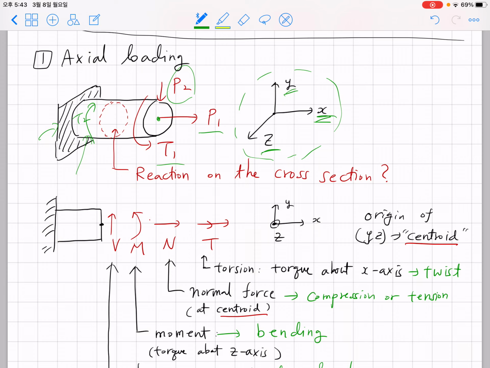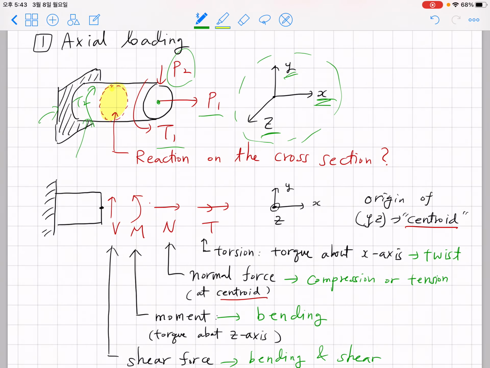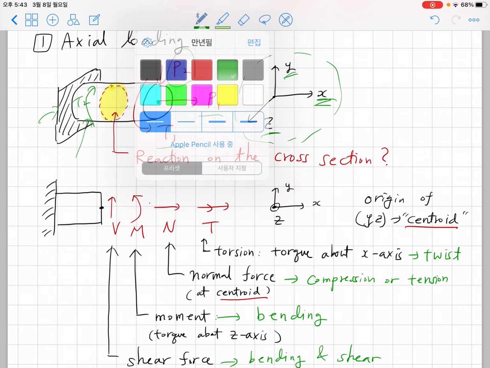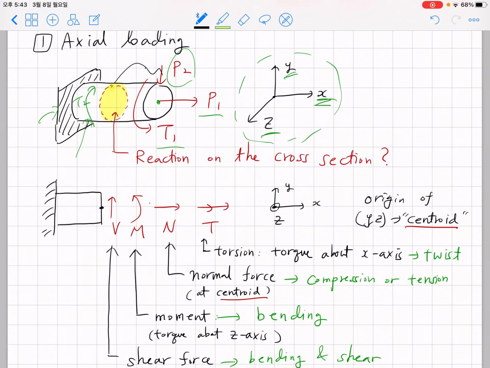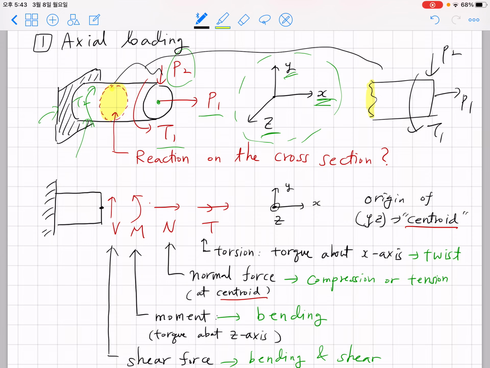Now, given this kind of force, suppose that you are making an imaginary cut and you are imagining an imaginary cross-section, and to make a mechanical equilibrium, suppose that you are taking these apart. This is the yellow cut, and you have a P2 here, P1 here, and T1 here. You need some sort of reaction to make a force equilibrium of this imaginary body.